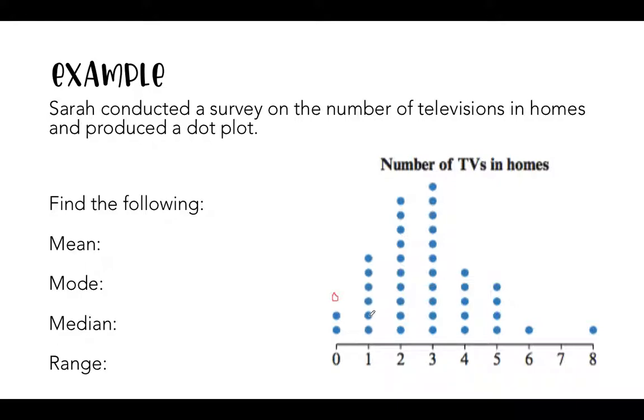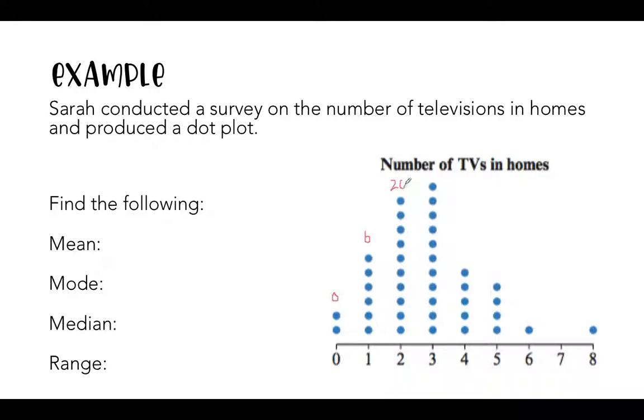Here, 1 television, 2, 3, 4, 5, 6 televisions. So 6 televisions. Here, one person has 2 televisions, another person has 2 televisions. So we add these up: 2, 4, 6, 8, 10, 12, 14, 16, 18, and 20.